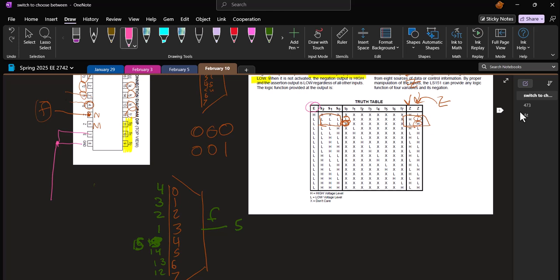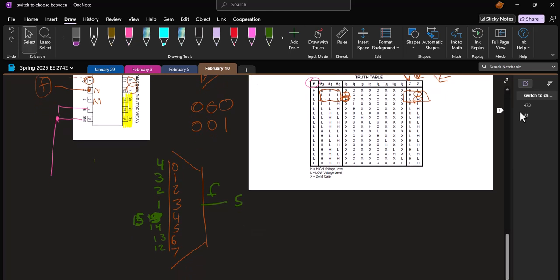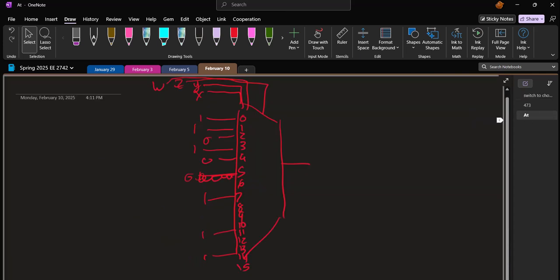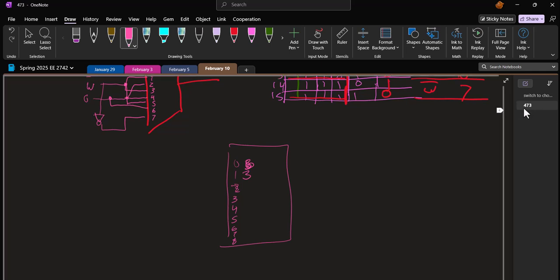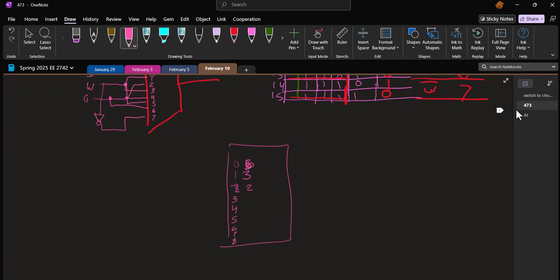Okay, so pin 1 was 3. So pin 1 is 3. Pin 2 was 2. Pin 3 was 1. Pin 4.